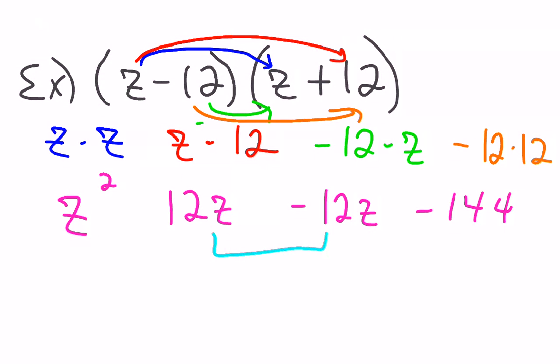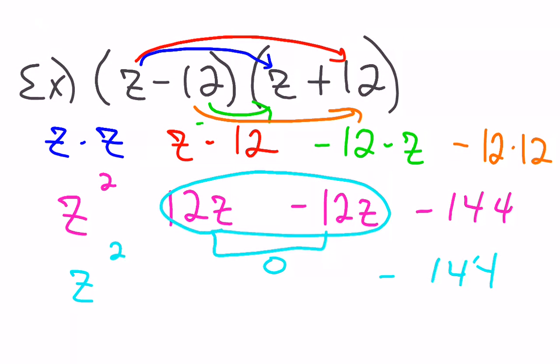They look identical, except 12z minus 12z gives us 0. So we have 0z. So 0z or 0 times z is just 0. So we have the z squared, we have the minus 144. So this one's unique because these middle terms add to 0. So our final answer is just z squared minus 144.